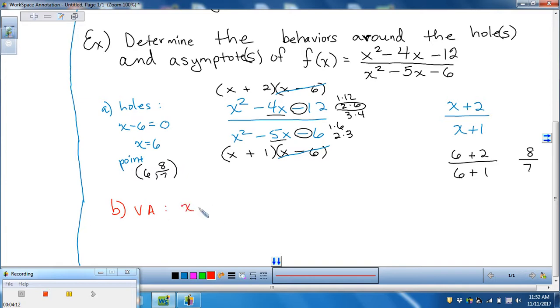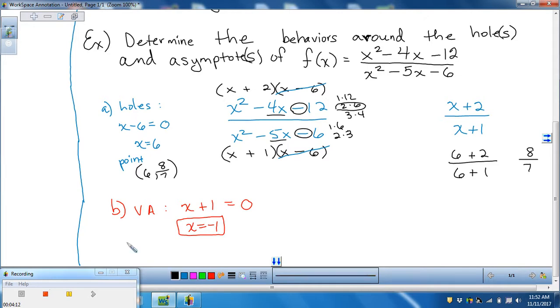So we're going to take the x plus 1, set it equal to 0, and we get a value of x is equal to negative 1 when we solve that. So x equals negative 1 is our vertical asymptote. From there, let's go ahead and finish figuring out other things that will help us to sketch the graph.